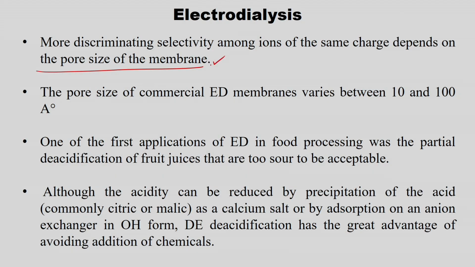Based on the pore size, I can differentiate even between the same cations, whether only K plus is to be removed or Na plus is to be removed. The pore size of commercial ED membranes varies between 10 and 100 Angstrom.